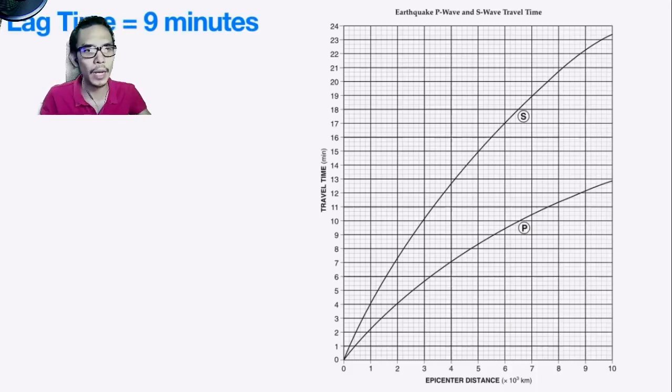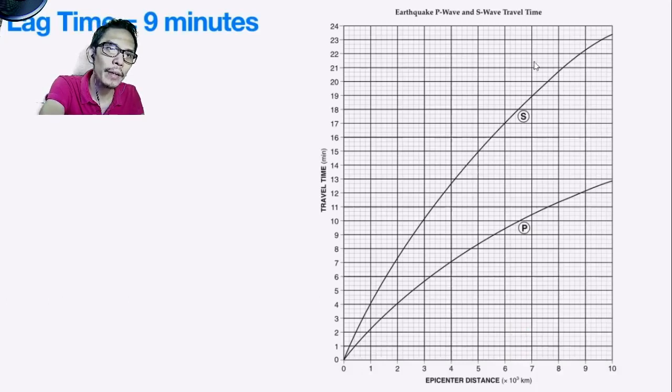So we have here 1,000, 2,000, 3,000, 4,000, 5,000, and so on kilometers. And the interval between epicenter distances is by twos. So we have 200, 400, 600, 800, and 1,000 kilometers. Later, as we zoom in on that part, we will see the intervals that I'm talking about.